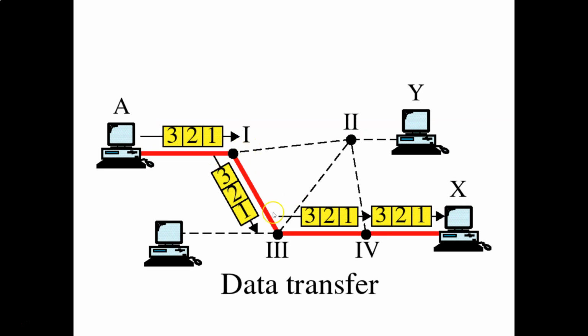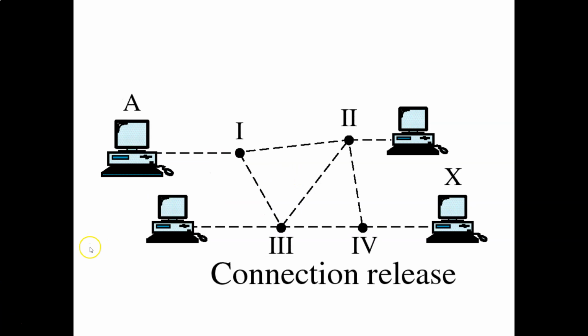It will choose the path, then the data will travel as a whole and reach the destination. Here you can see that the data order is not changed, it is the same. Then the path will be released.